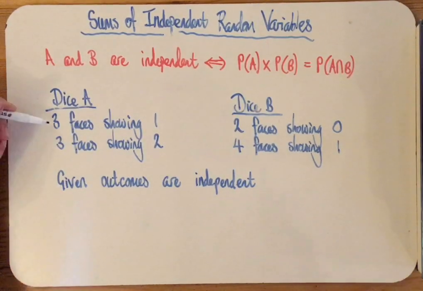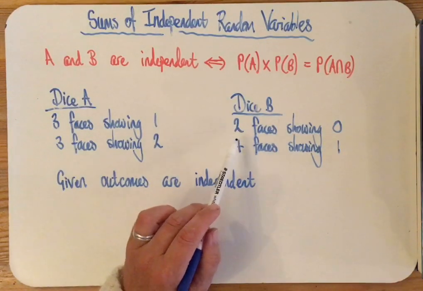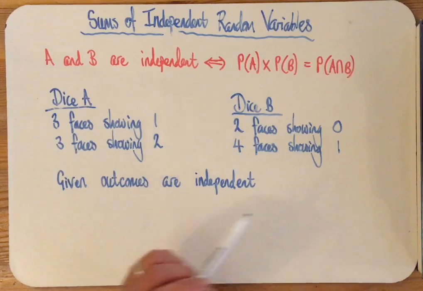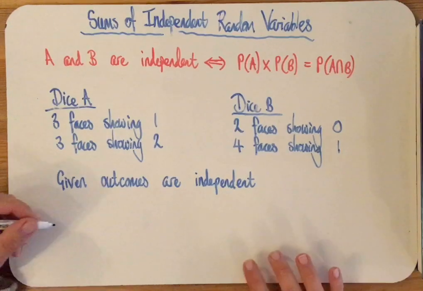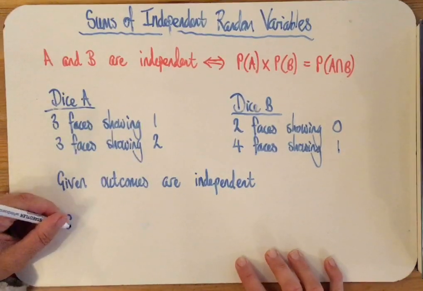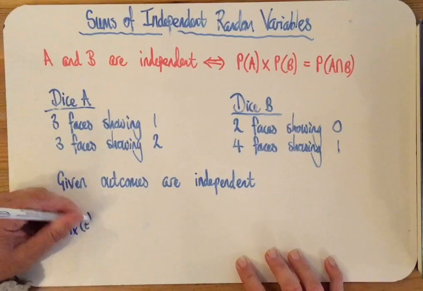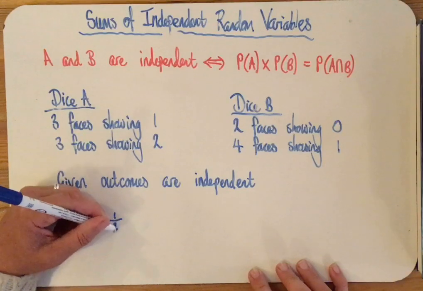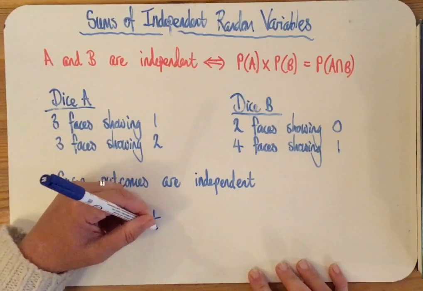Dice A is going to have 3 faces showing 1, 3 faces showing 2. Dice B, 2 faces showing 0, 4 faces showing 1. And outcomes on the dice are independent. And so the probability generating function for dice A is going to be a half t, so you've got a half probability of getting a 1, plus a half t squared.